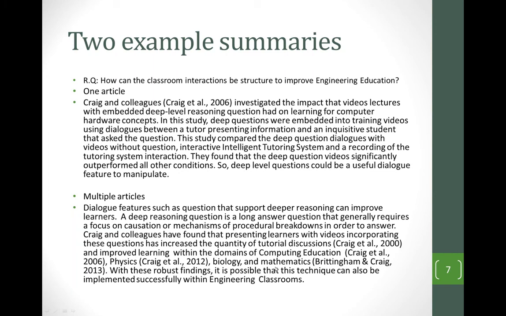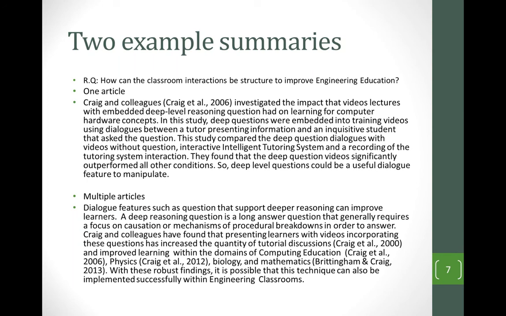And it's usually better to cite this way also, because then your reader, if they are only interested in computing education, they know to go find this paper. If they are interested in physics, they know to go find this paper.